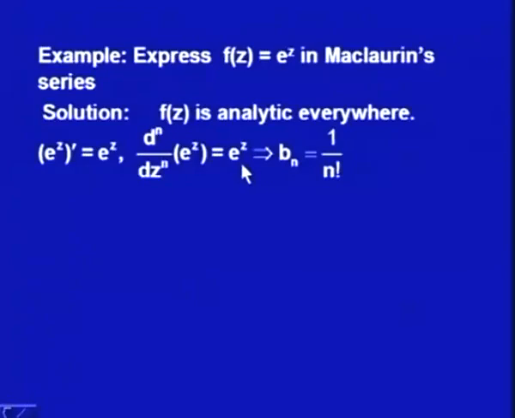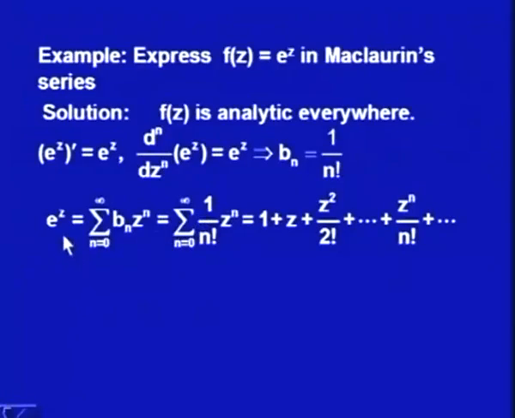So, this gives me that bn is equal to 1 upon factorial n, and this means e^z is represented as summation n equal to 0 to infinity 1 upon factorial n z raised to power n, or in expanded form it is 1 plus z plus z square by factorial 2 and so on, plus z^n over factorial n and so on. So, the Maclaurin series for the exponential function is given as this.